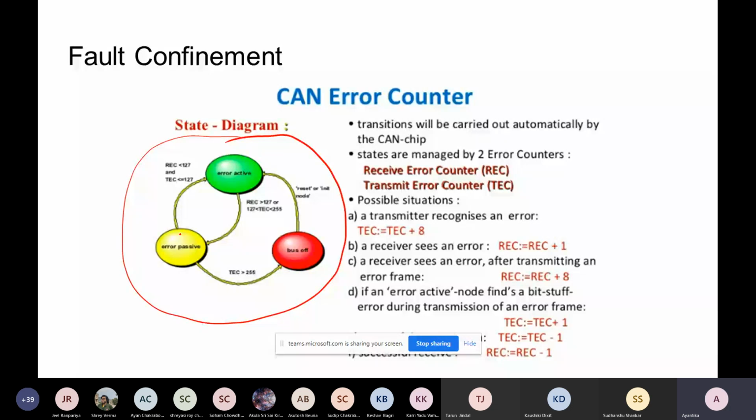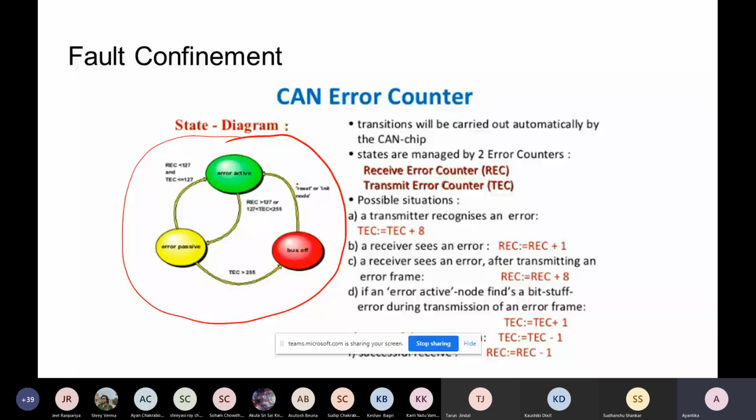It is detecting errors but not sending any frame to tell the whole network that there is an error. Bus off means total isolation from the CAN network.